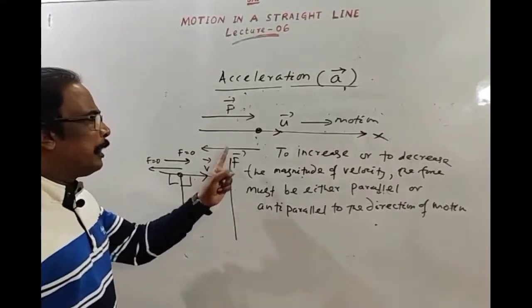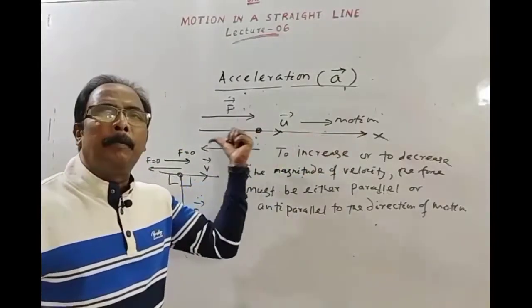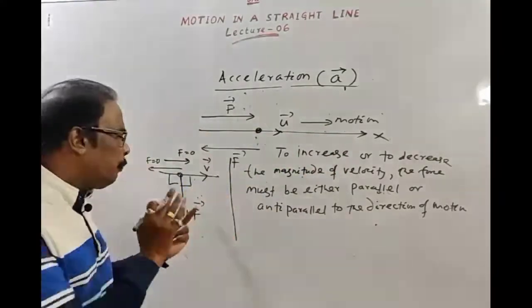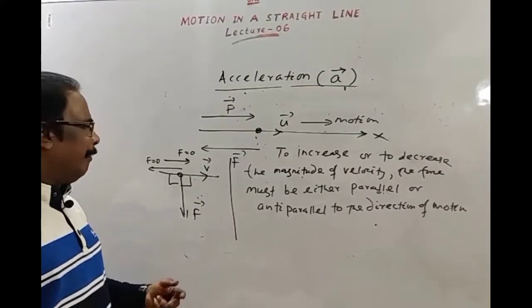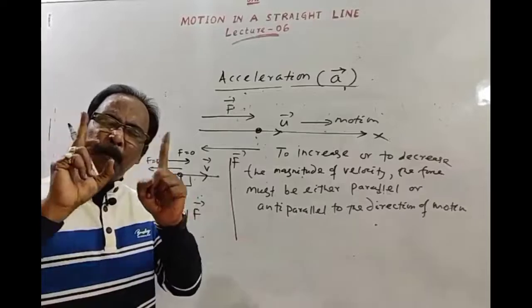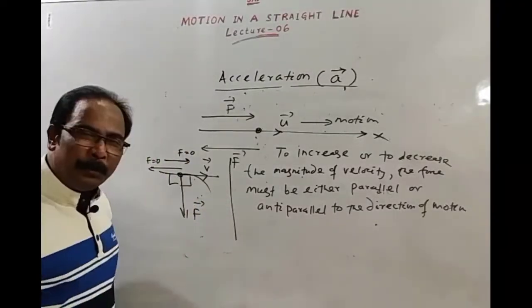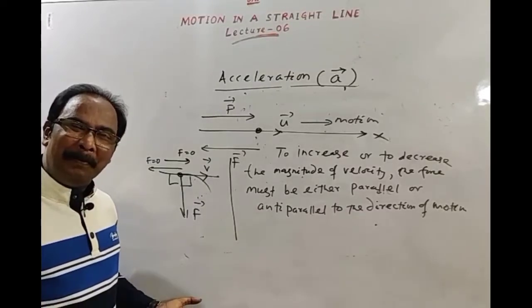As we know, to change the magnitude of velocity, we have to apply force either parallel or anti-parallel to the direction of velocity. Here this force has no such component. So this force only changes the direction of velocity, meaning the direction of motion.